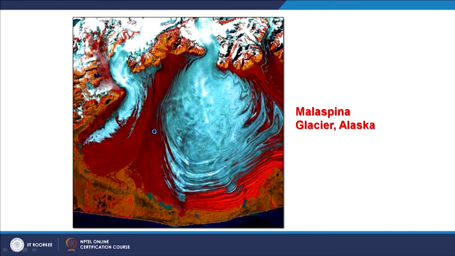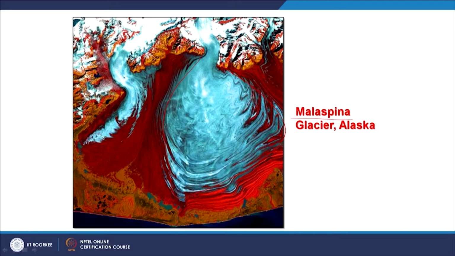This is a study about glaciers. In glacier study, a very famous glacier is the Malaspina in Alaska, which is completely fan shaped, as you can see. Similar features are not seen in the Himalaya.